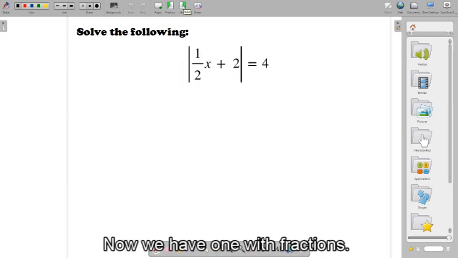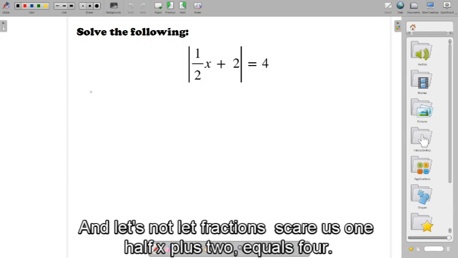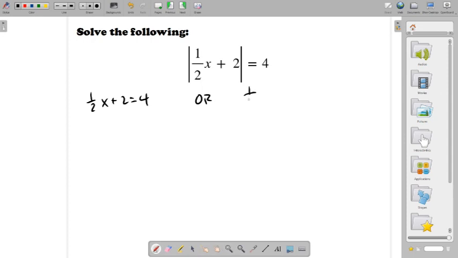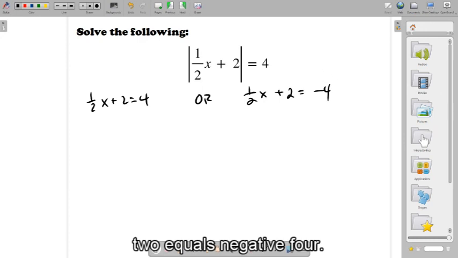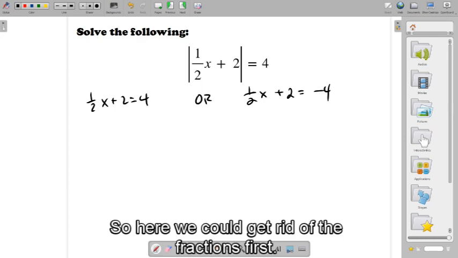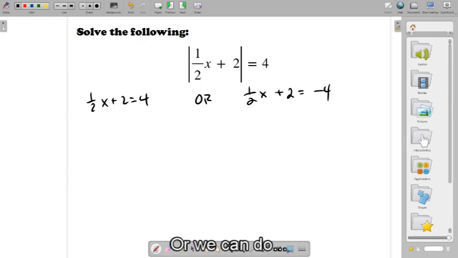Okay, now we have one with fractions, and let's not let fractions scare us. 1/2 x plus 2 equals 4, or 1/2 x plus 2 equals negative 4. So here we could get rid of the fractions first, or we can take care of that 2 over here.